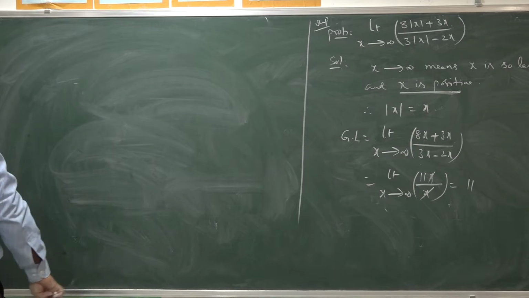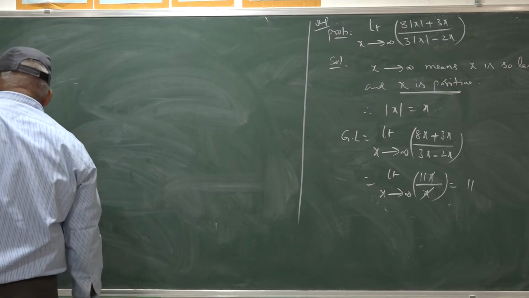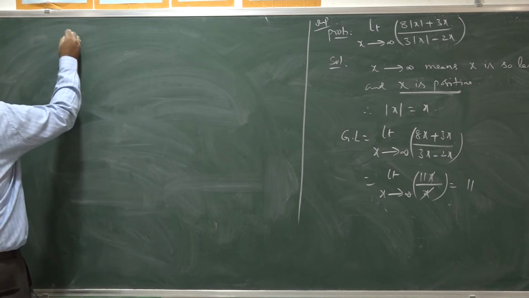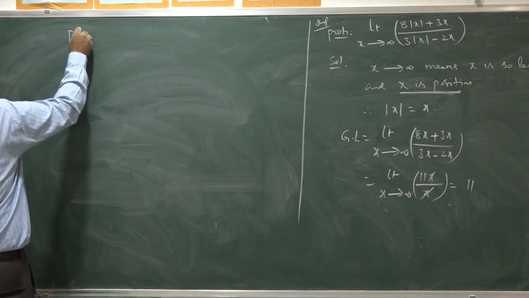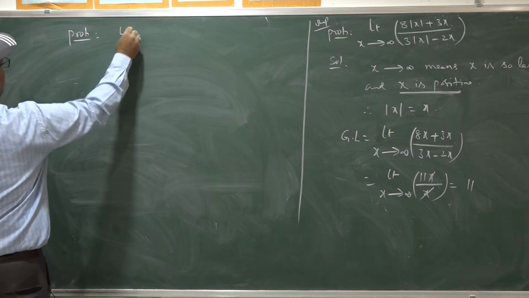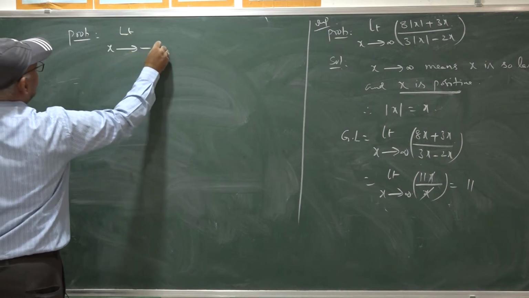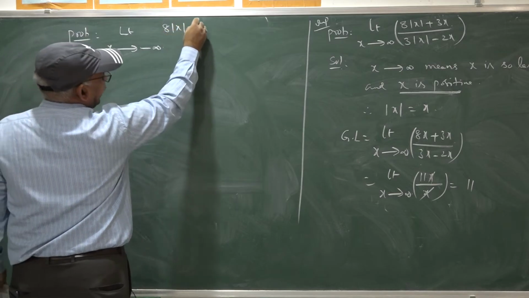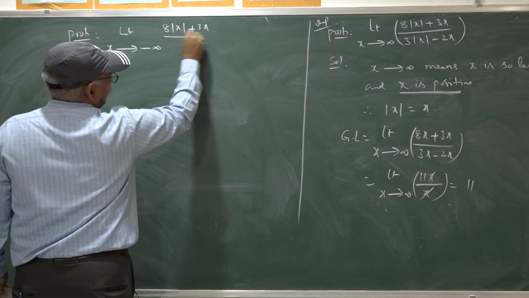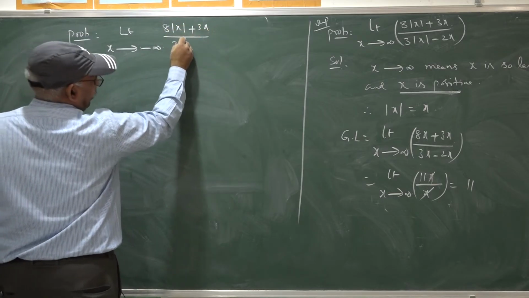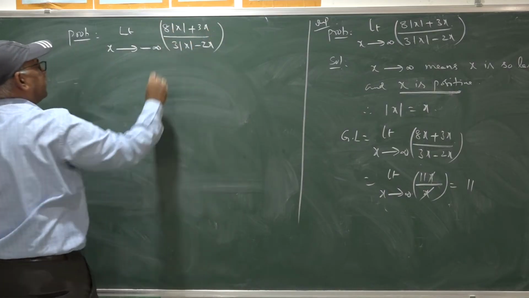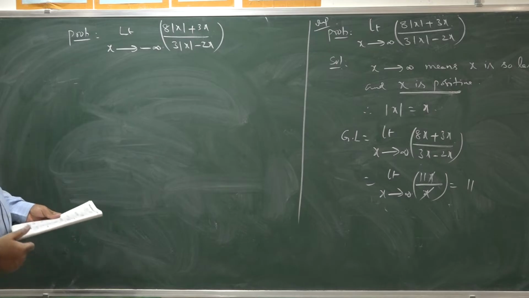Next one. In case of x goes to minus infinity, similarly, take this problem. Limit as x goes to minus infinity of the same function, (8|x| + 3x) / (3|x| - 2x).